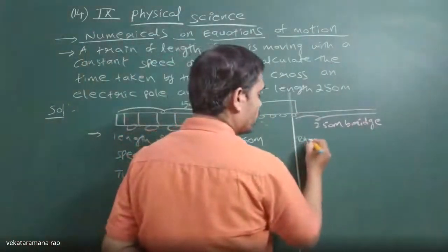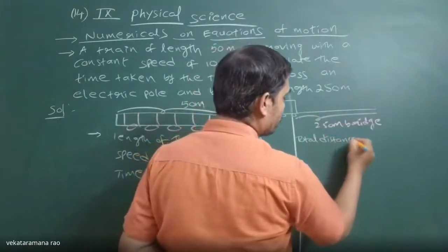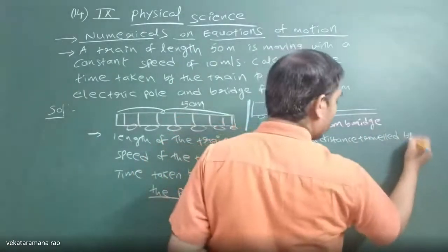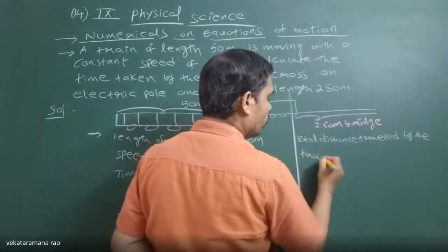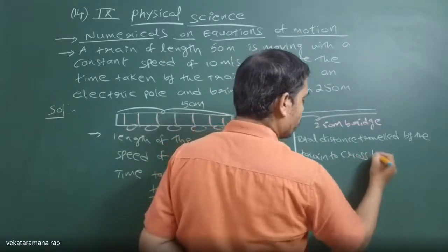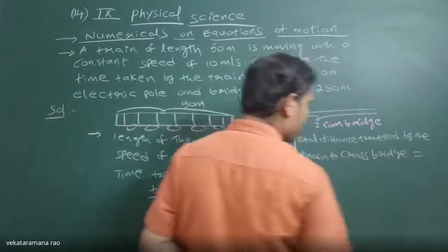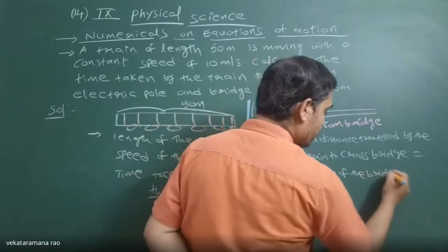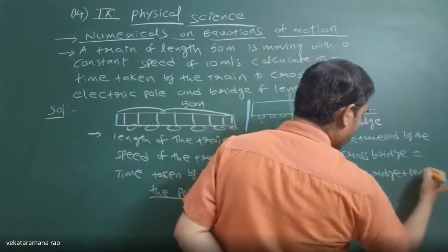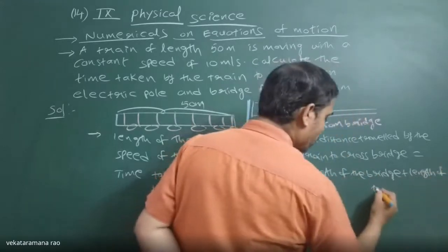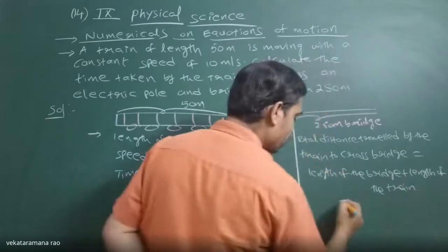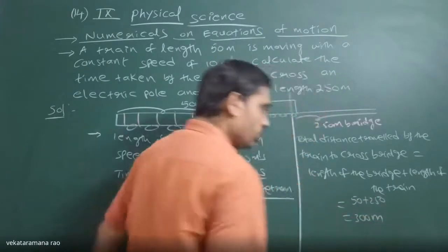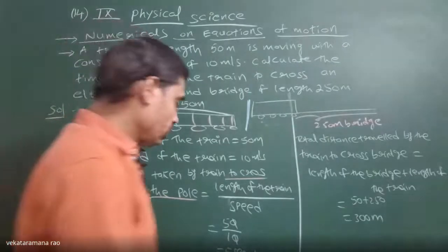So the total distance traveled by the train to cross the bridge completely is the length of the bridge plus the length of the train, which is 50 plus 250, that is 300 meters.